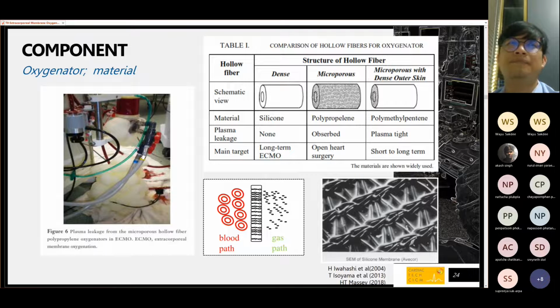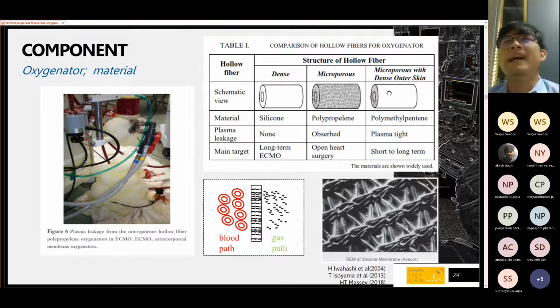Here is a picture from an article. You see a lot of fluid leaking out from the gas outlet. This is harmful because the patient is going to be in a very life-threatening condition.